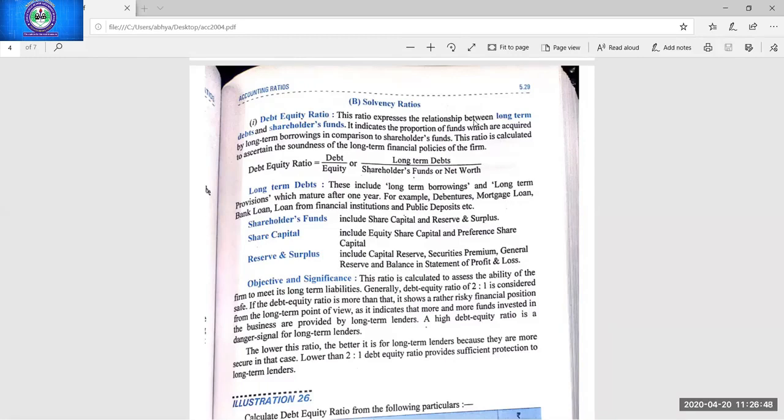Provision for retirement benefits of employees, just like PF, Provident Fund, and provision for gratuity. 4 examples I told you there. And long-term borrowing means debentures, any loan, mortgage loan, secured loan, unsecured loan taken from bank or any private financial institutions, and public deposits.